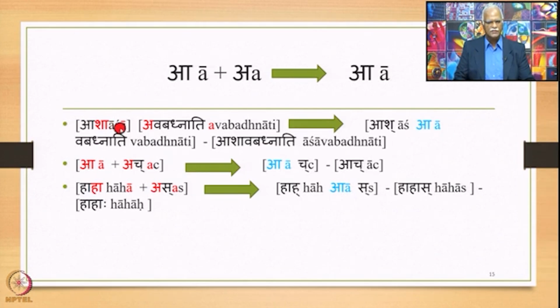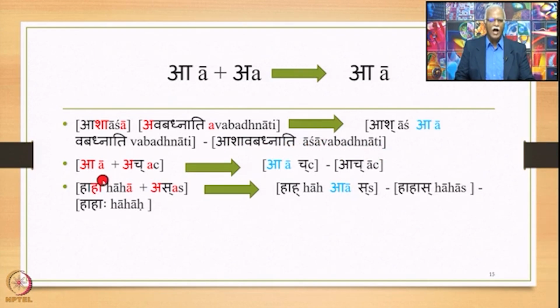This is A at the end of this first pada followed by A, which is at the beginning of this second pada. So now in place of both of them we will have one substitute A, and so we have Ash, A and Vabadhnati as the output generated by 6.1.101, Asha Vabadhnati, that would be the final resultant form.